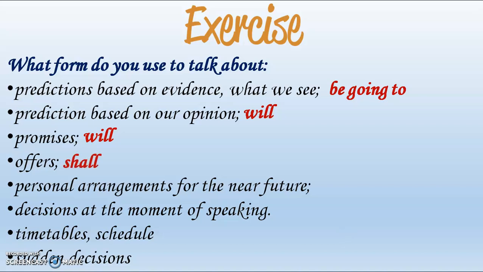But for personal arrangements for the near future, we use present continuous, and for decisions made at the moment of speaking, we use will. But for timetables and schedules, we use present simple. For sudden decisions or on-the-spot decisions, we use will.